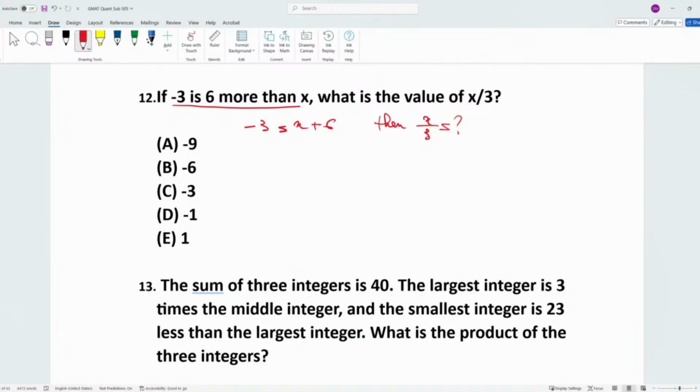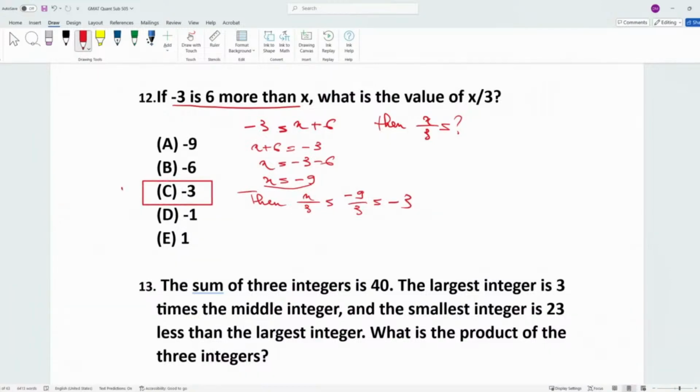So first we need to find the value of x here. From this equation, we can write it like x plus 6 is equal to minus 3, and x is equal to minus 3 minus 6, x is equal to minus 9. Then since x is minus 9, x over 3 is equal to minus 9 over 3, which is equal to minus 3.